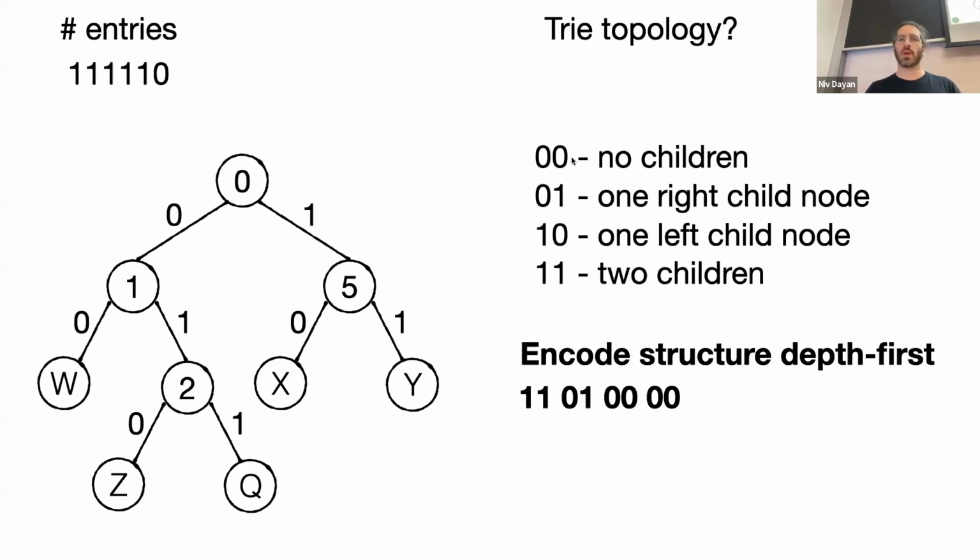The encoding? Sure. I'm going to use 2 bits for each internal node to encode whether the left and right children are also internal nodes. The left-hand bit corresponds to whether the left-hand child is also an internal node. The right bit is whether the right-hand child is an internal node.